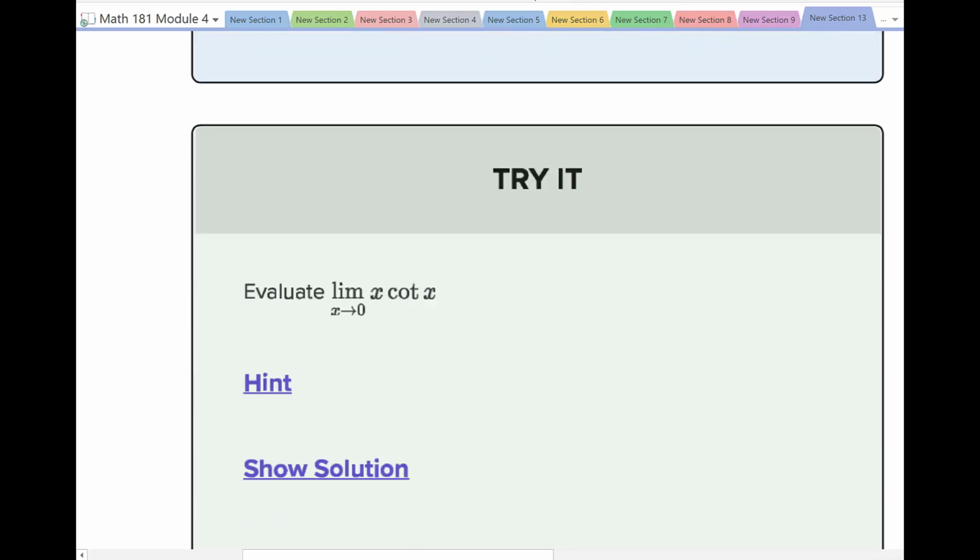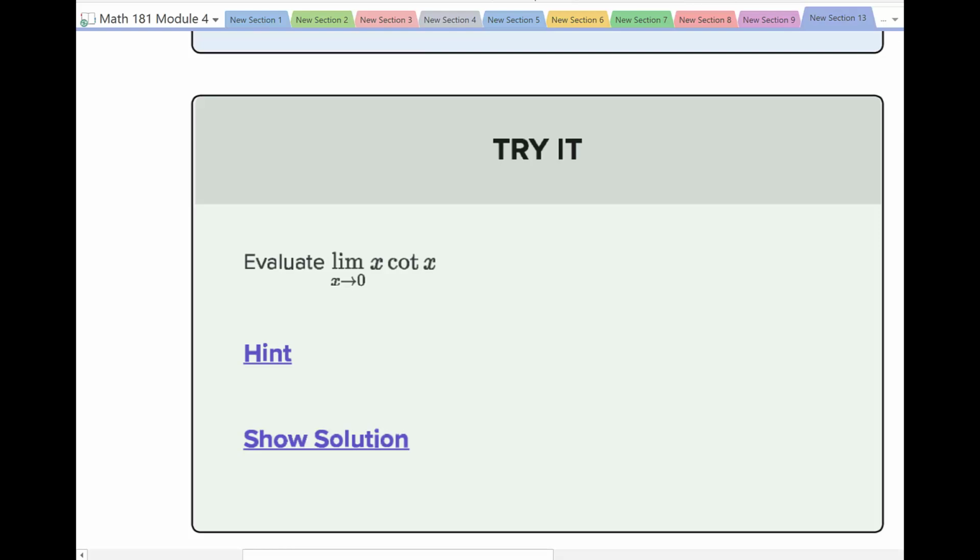Next one, limit as x approaches 0 of x cotangent of x. When I first did this problem, I tried the same thing, but I realized really quickly I needed to go a different direction. The fact that we have cotangent lets us do that, because cotangent has a reciprocal. So the limit as x goes to 0 of x cotangent x can be written as x over 1 over cotangent of x.